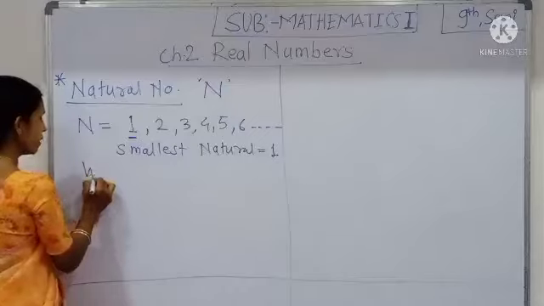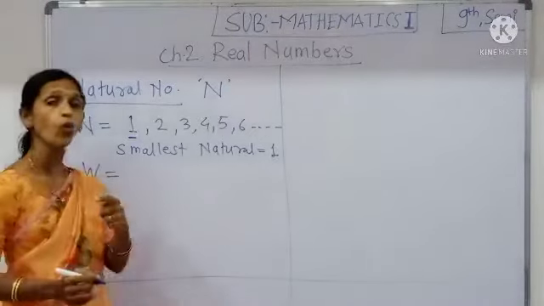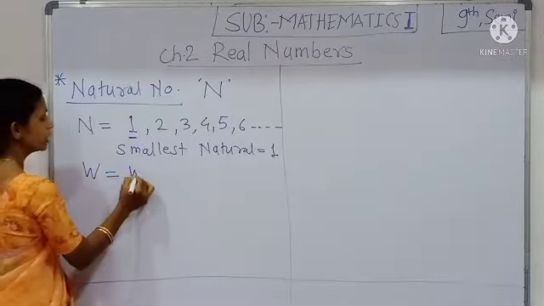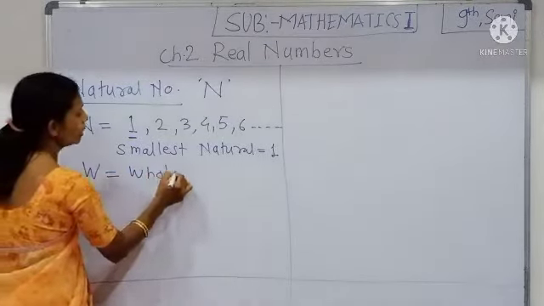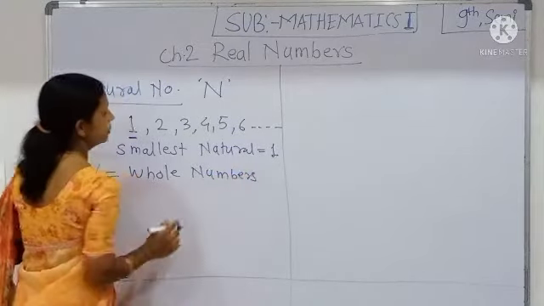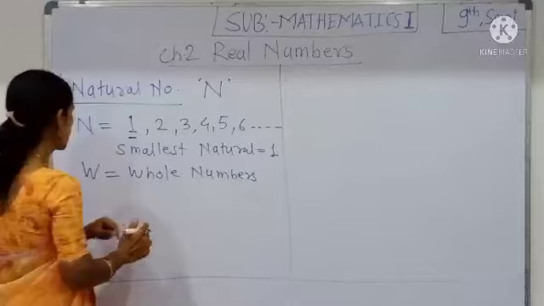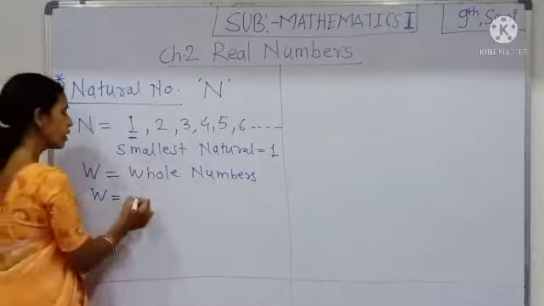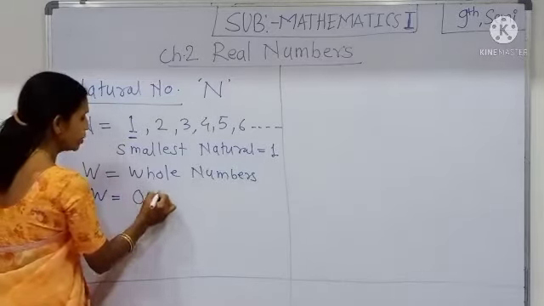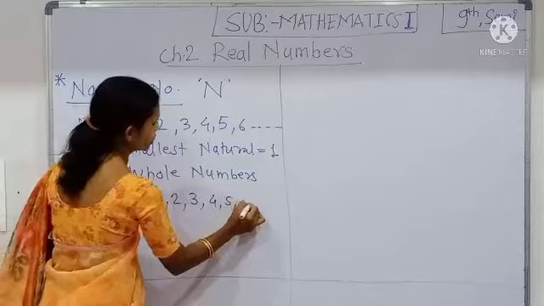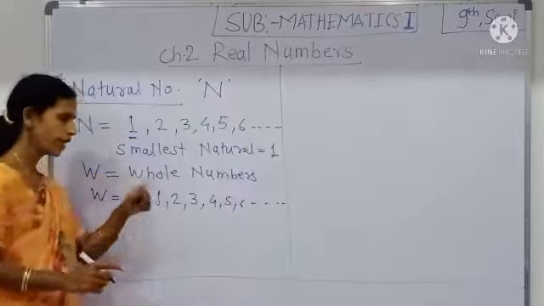Similarly, W is the set of whole numbers, and whole numbers are the set of all natural numbers including 0. That means 0, 1, 2, 3, 4, 5, 6 and so on.